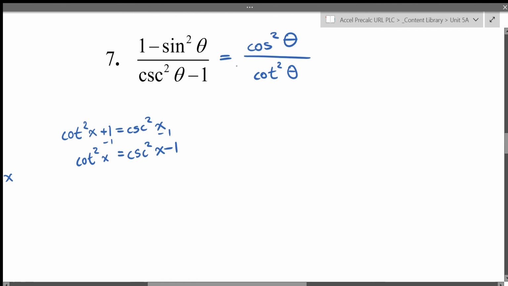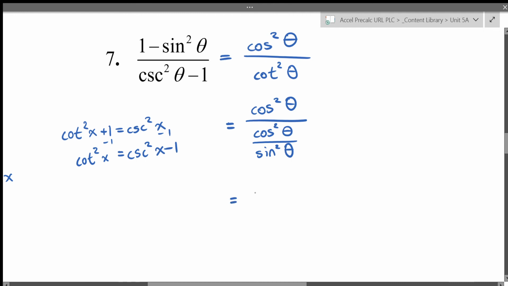What's important here is that we keep track of that this is actually an identity, okay? Furthermore, I know that cotangent squared is cosine squared over sine squared, over sine squared theta. And this should, you know, multiply with its reciprocal.